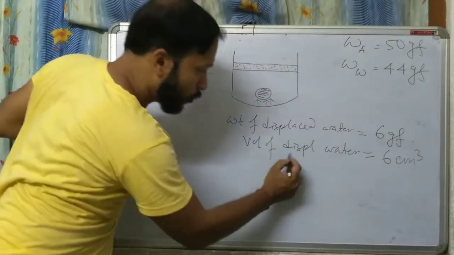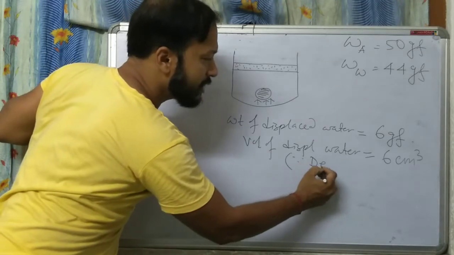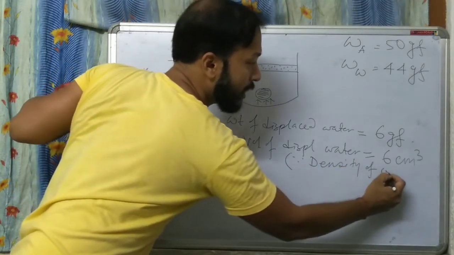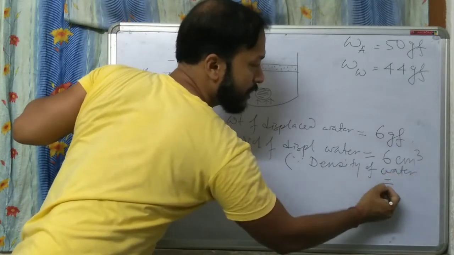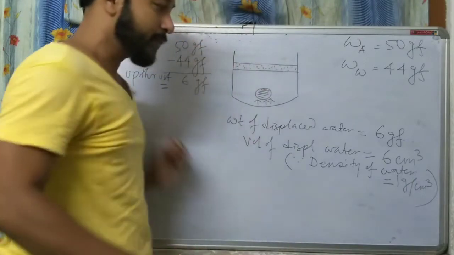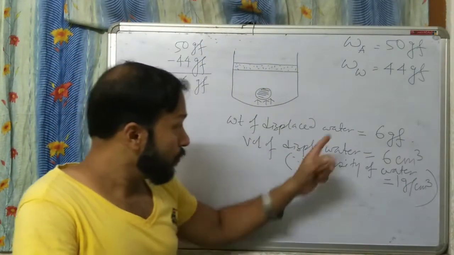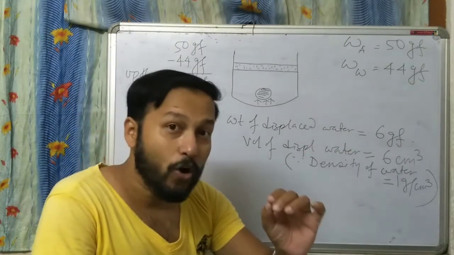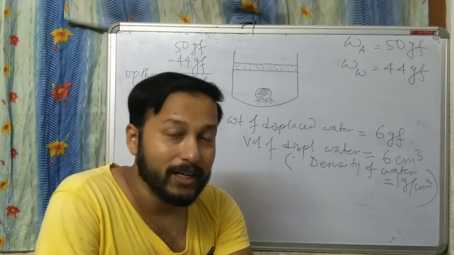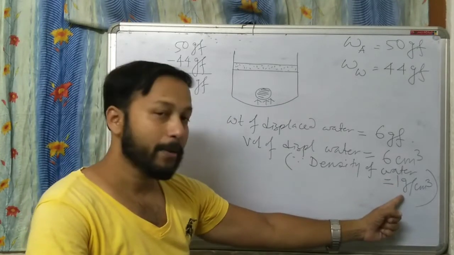Because you have to write the reason in brackets: since density of water equal to 1 gram per centimeter cube. The rule which I have written is only and only for water, because the density of water is 1 gram per centimeter cube.